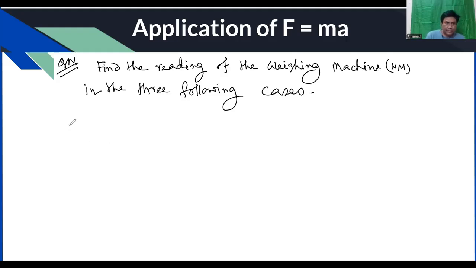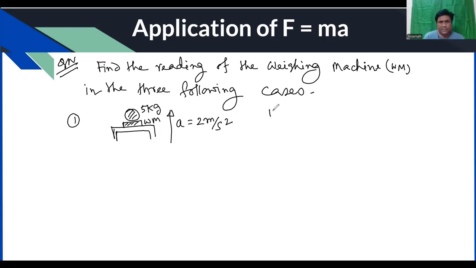Okay. So case number 1. This is a table, and here is the weighing machine. And this is the object, 5 kg. Remember, weighing machine has no mass, ideally. And I am taking acceleration 2 meters per second square. Okay, this is the first case.